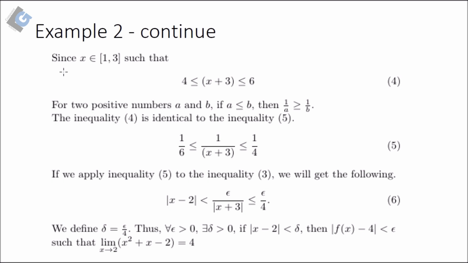So we know for two positive numbers a and b, if a is less than or equal to b, then the reciprocal of a is bigger than or equal to the reciprocal of b.